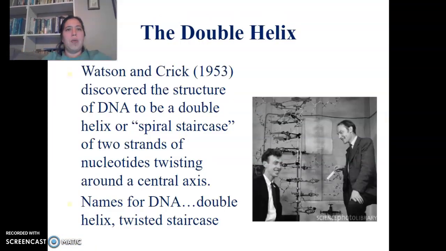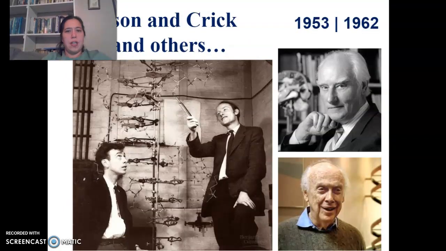She took the picture. Watson and Crick deciphered what the picture was actually showing. They discovered that the structure of DNA was a double helix, or a spiral staircase of 2 strands of nucleotides twisting around a central axis. So again, DNA can be described in its shape as a double helix or a twisted staircase. And again, watch that video in the next assignment for more information.